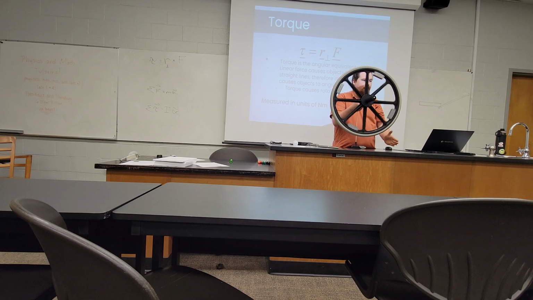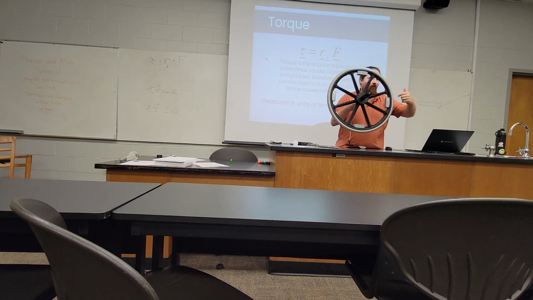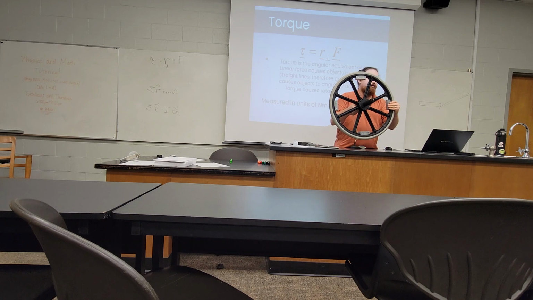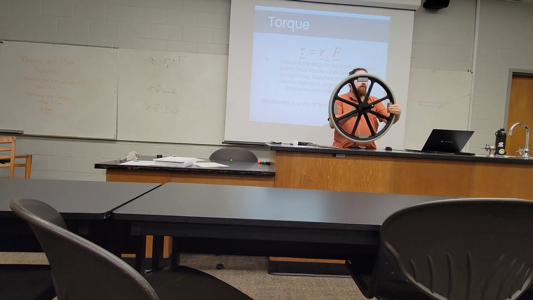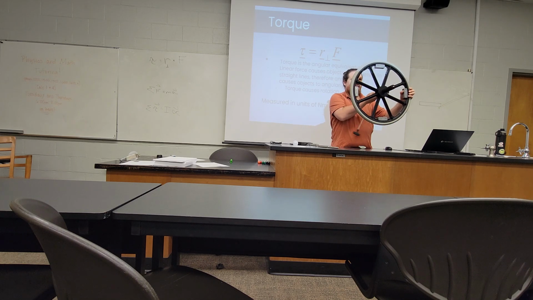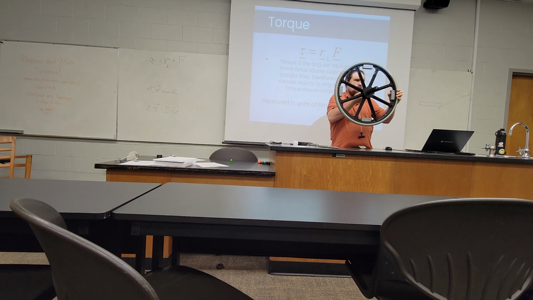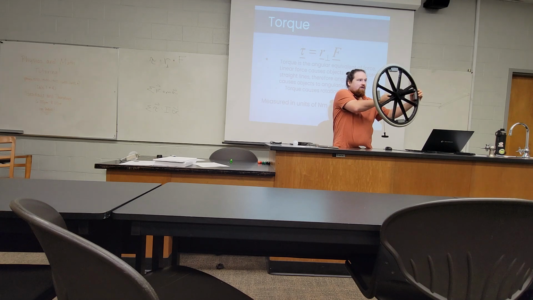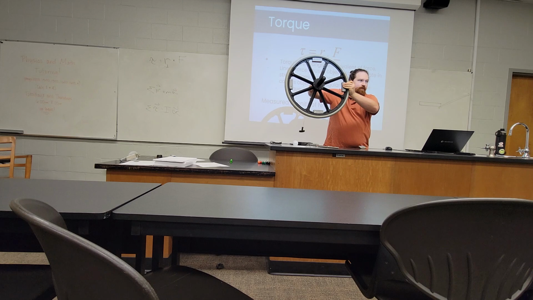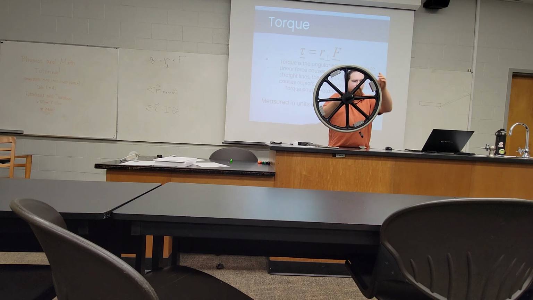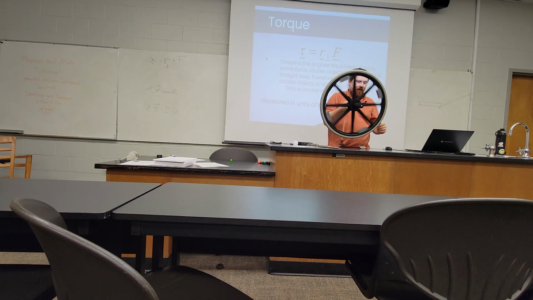Both directions are perpendicular to that horizontal radius from where I was grabbing it. If I tried to exert a parallel force, that would be either right, which doesn't cause spin, just causes me to pull it this way, or left, same thing, doesn't cause spin. The force had to be perpendicular to the radius to actually accomplish anything.